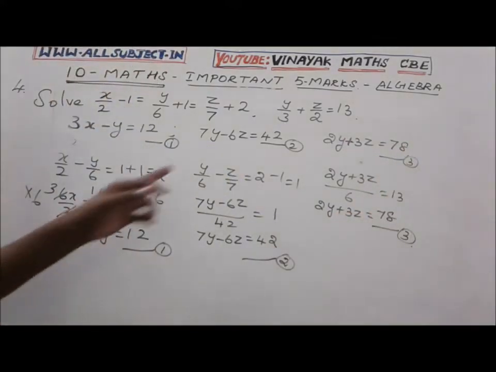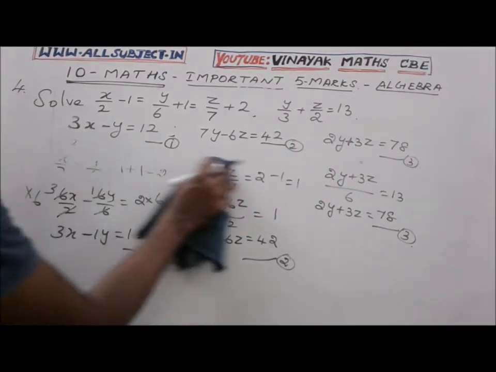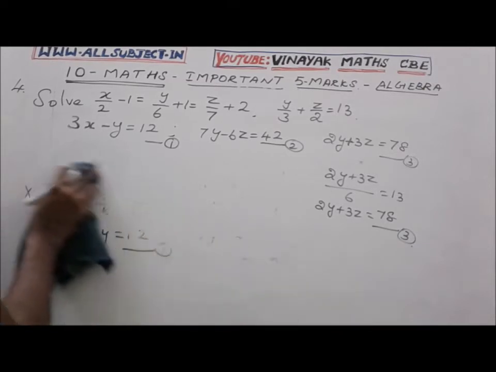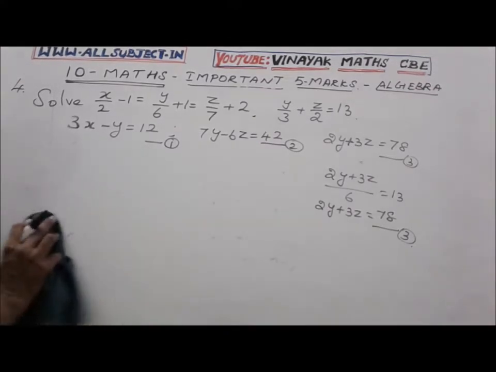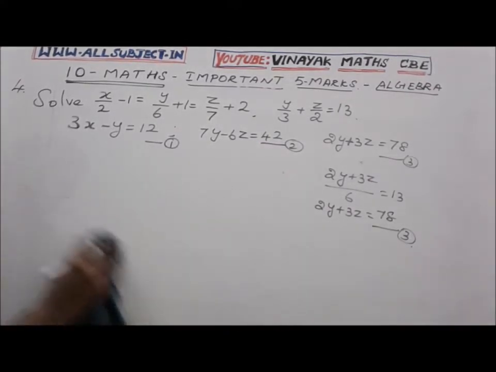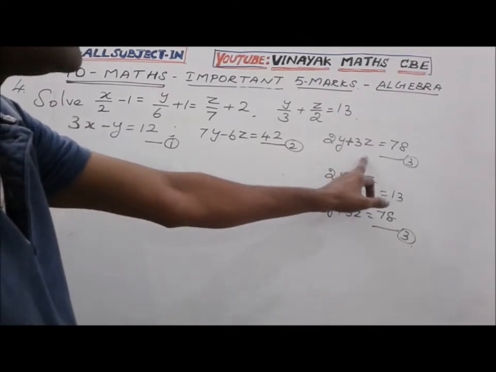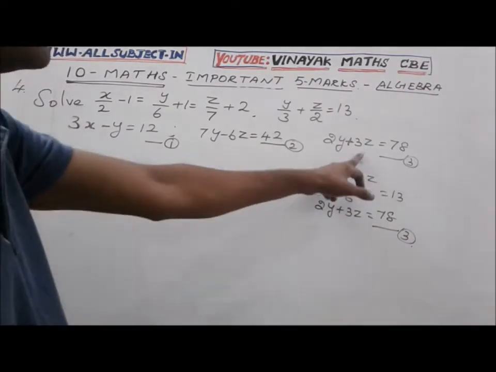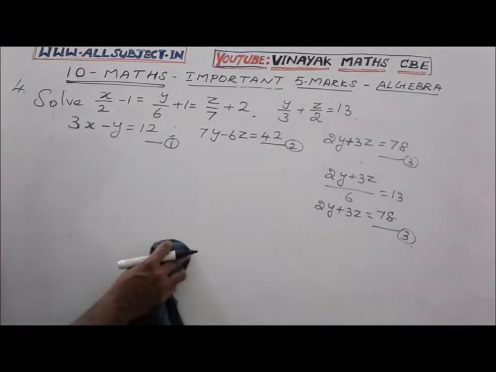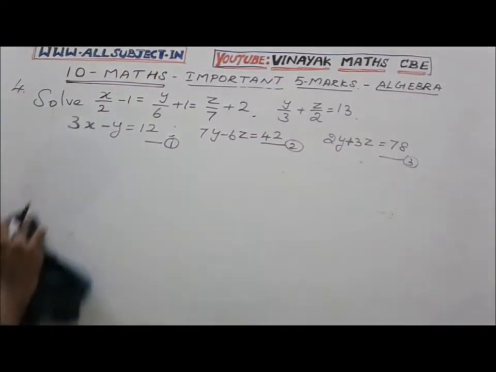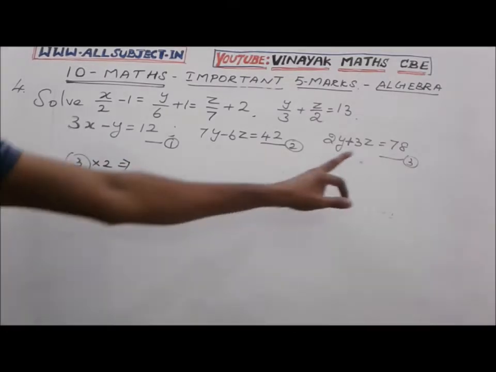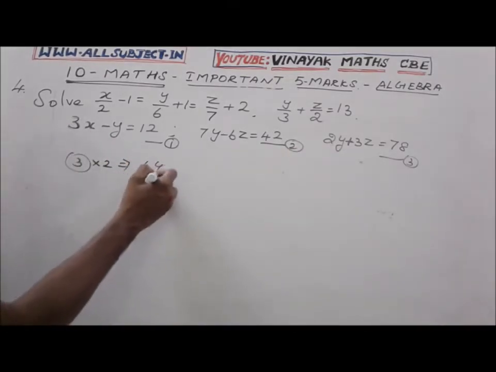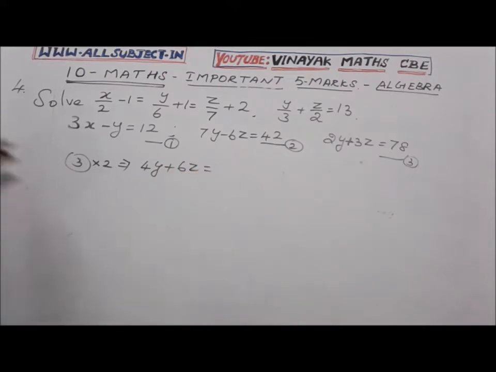Now look at equations 2 and 3. Here we have minus 6z and plus 3z. So multiplying the third equation by 2 will get 6z here, and here we have minus 6z. We can eliminate z and find the value of y. So multiplying the third equation by 2, we get 4y plus 6z equal to 156.